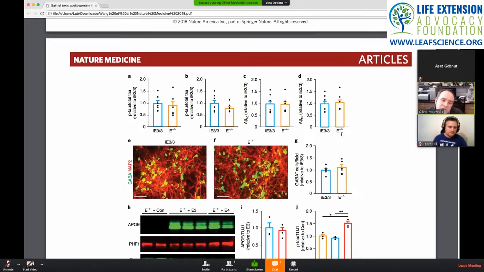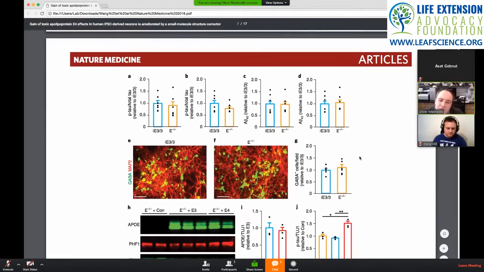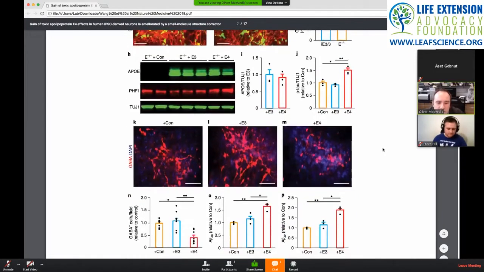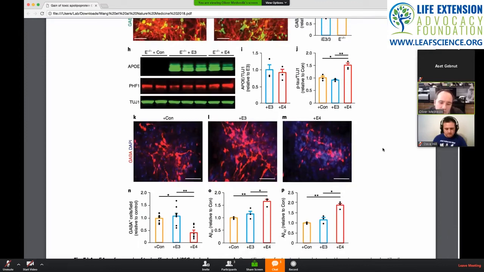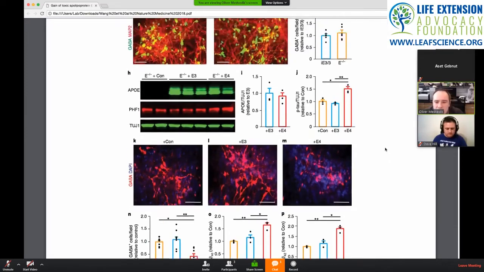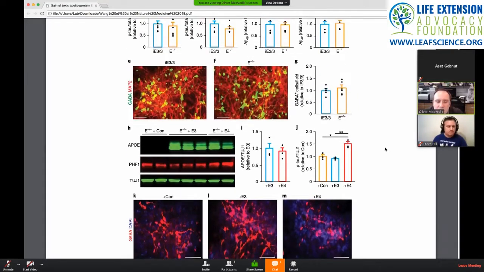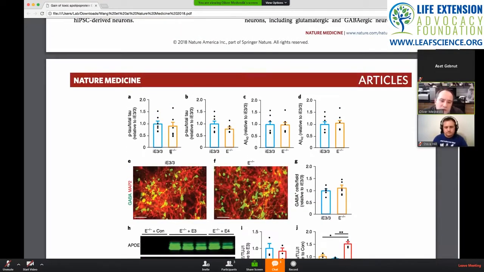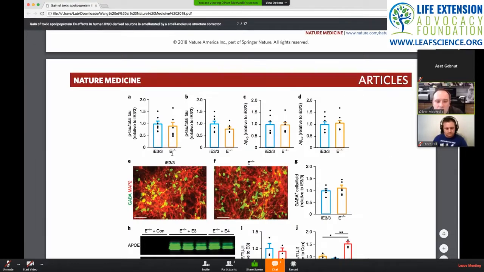Gain of toxicity here. So what they're looking at here is basically everything we looked at before. We're looking at phosphorylation, we're looking at the number of GABAergic cells that are being formed, and let's see, what are they using here? They're using cells that are completely knocked out for ApoE, right?